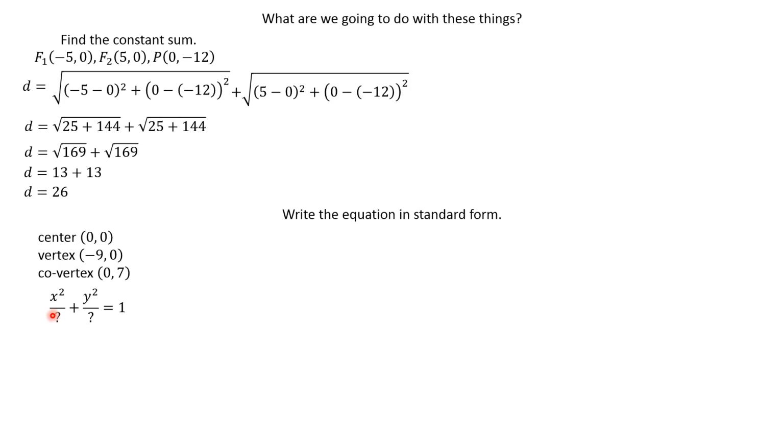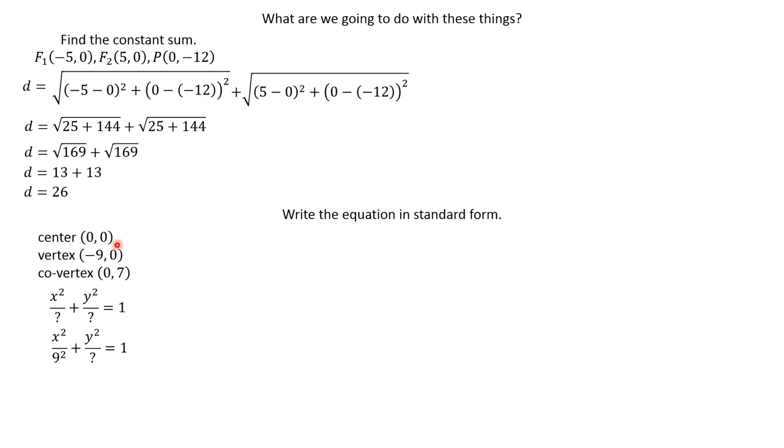Well, these are going to be the distance to the vertex and the distance to the covertex. The vertex, we look at the distance from the center. It's 9 away from the center. It doesn't matter that it's negative because we're going to square it. The distance is always a positive number. So at 9 away from the center, and it's in the horizontal direction, which means that underneath the x squared, we're going to get 9 squared.